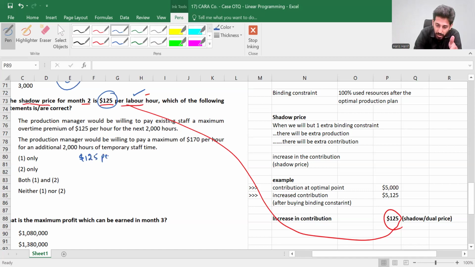$125 per hour is the increase in contribution by having one extra hour.